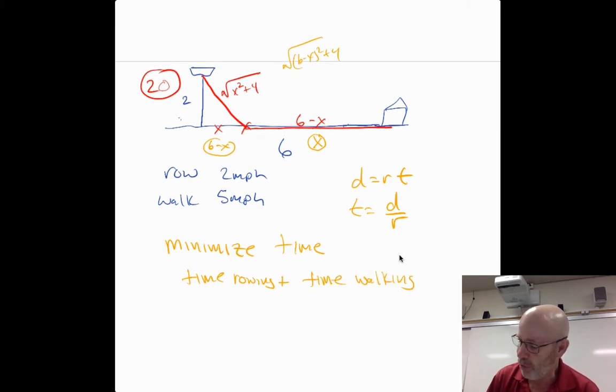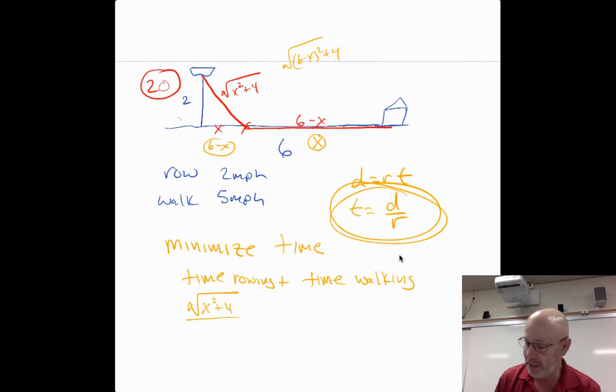Both times are just their distances divided by their rates. So the rowing distance is the square root of x squared plus 4, and the rowing rate is 2 miles per hour. And then the time walking is the distance walking, 6 minus x, divided by the walking rate, which is 5. So this is the total time.